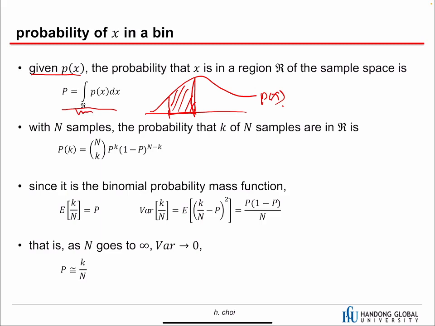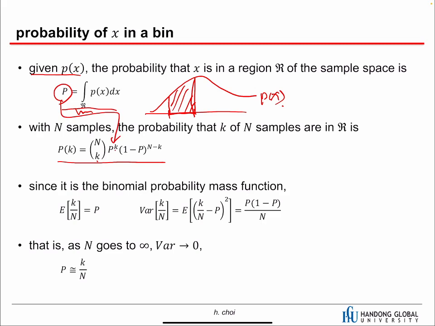And then with n samples, the probability that k of n samples are in the region R is this: n combination k times p to the power of k times 1 minus p to the power of n minus k. Because out of n samples, we have k samples in the region, and one sample is in the region with this probability.